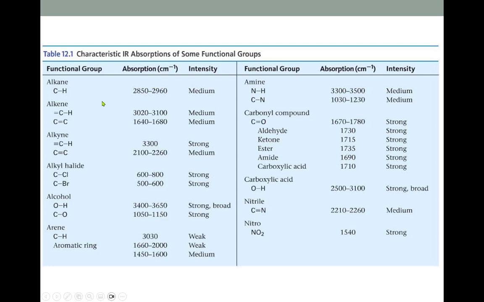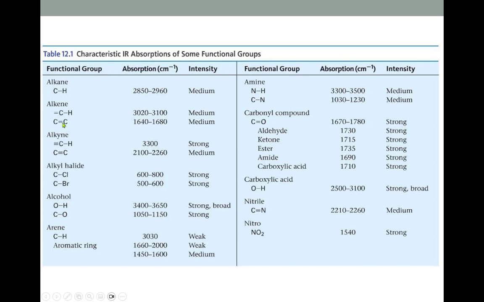What's more interesting to us are these functional groups. So what this table is showing us is that for an alkene, for instance, a terminal alkene, or an alkene that has a carbon-hydrogen bond, a hydrogen attached to an alkene carbon, we will see a peak showing up a little bit higher than it would for just an alkane. So we'll see a peak showing up just above 3,000 wave numbers.